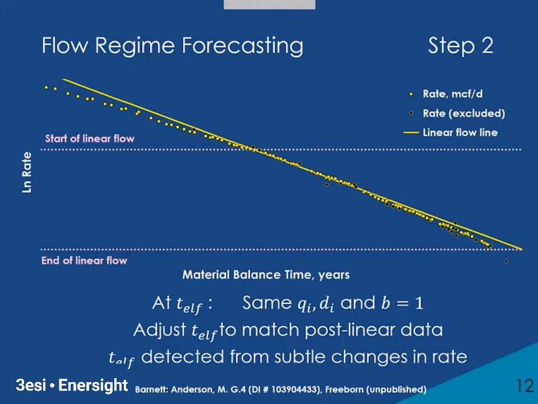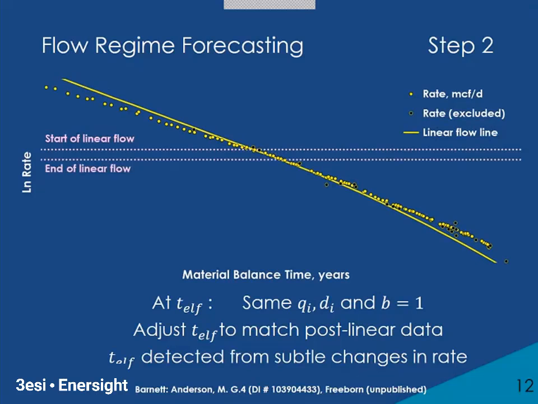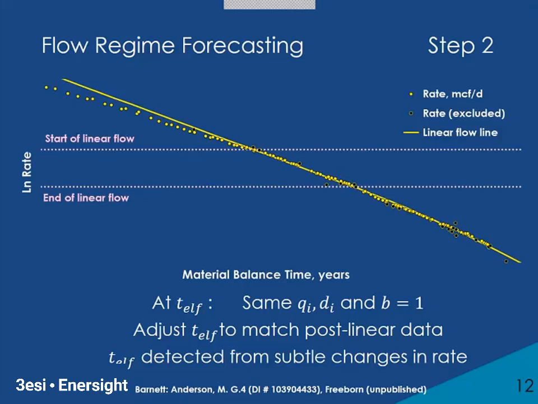And for this data, that would cause us to have our equations higher than the data. And so maybe the end of linear flow is sooner than that. Or the end of linear flow could be imminent, in which case our equations are giving us too low a rate. We know it's somewhere in between, and we can do a trial and error solution to line up all the data on our material balance time plot. We've now identified where linear flow happens and where our two flow regimes occur.